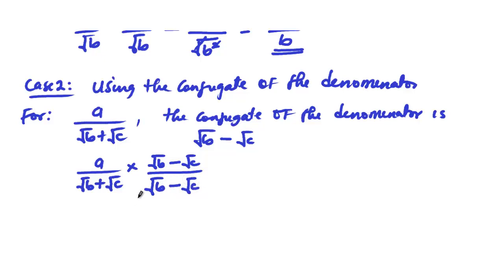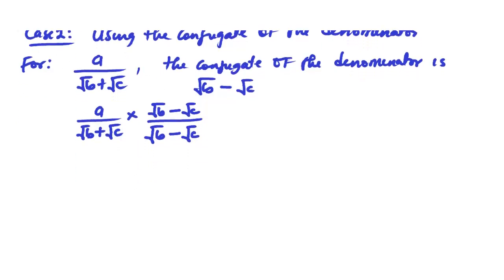So what we do in this case is we open the brackets. We use a to multiply everything inside this bracket.